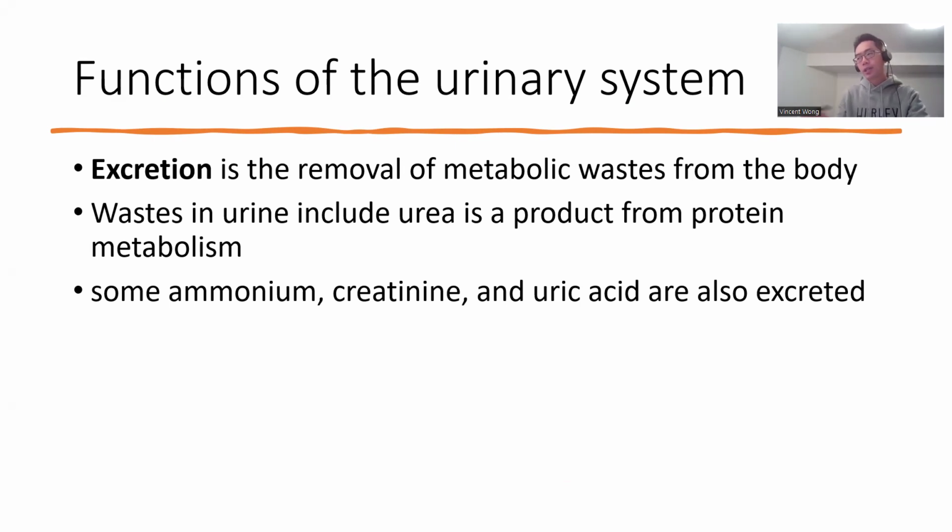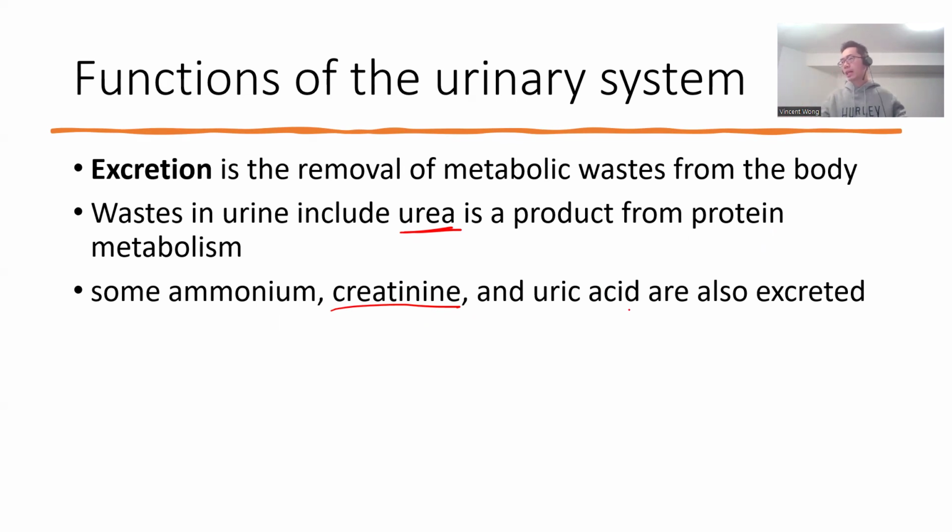And waste products include things like urea, which is a product of protein metabolism. When we break down our proteins, the amino group gets converted into urea. And then there are also things like ammonium, creatinine, which is a byproduct from muscle metabolism, and uric acid.